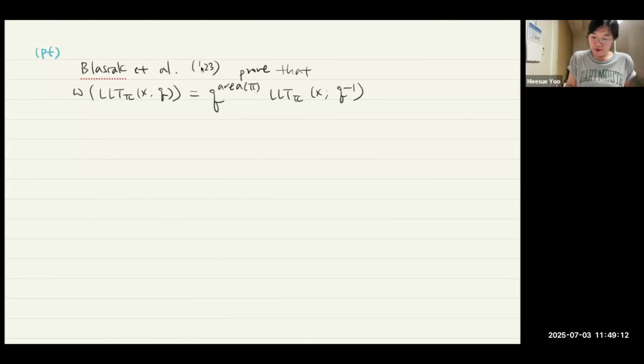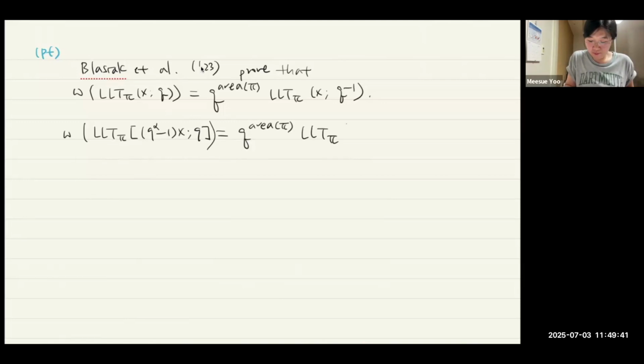So we use this symmetry relation on our definition of the alpha chromatic symmetric functions, because we have LLT of q to the alpha minus 1 x. So if you consider omega of LLT of q to the alpha minus 1 x, then because of this relation, you have q to the area and LLT, and then q inverse.